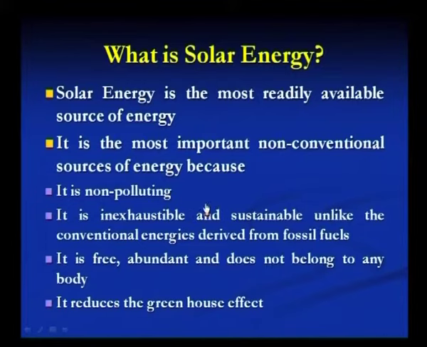When compared with the conventional energy sources, solar energy is non-polluting. By this, what we mean is they don't produce any harmful effects or any unwanted, undesirable toxic materials or pollutants which may be dumped into our environment. So it is basically non-polluting in nature when compared to the conventional forms of energies.